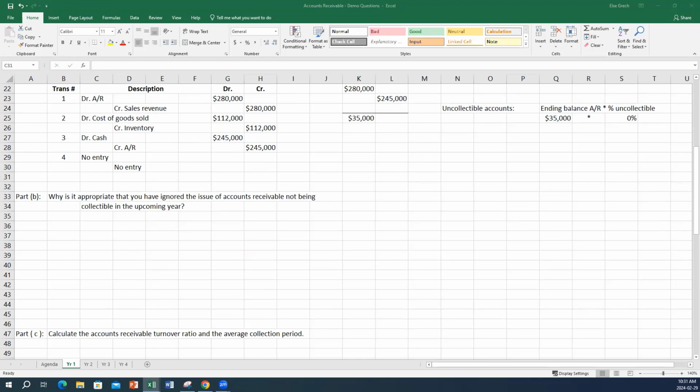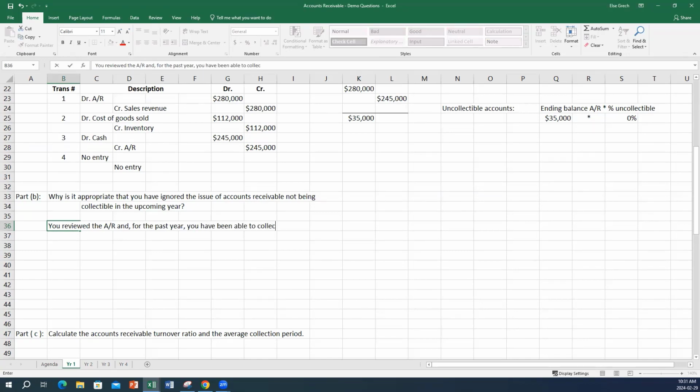Why is it appropriate that you have ignored the issue of accounts receivable not being collectible in the upcoming year? First, you haven't ignored this at all, right? You have actually considered the issue of whether the accounts receivable of $35,000 is collectible. So what did you do? You reviewed the AR, and for the past year, you have been able to collect 100% of the AR.